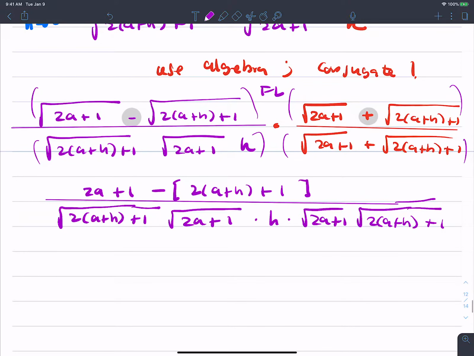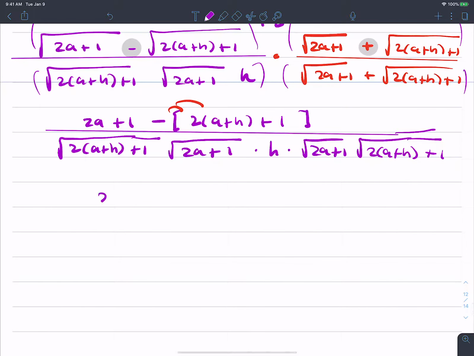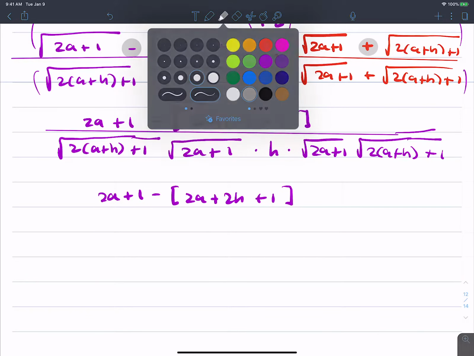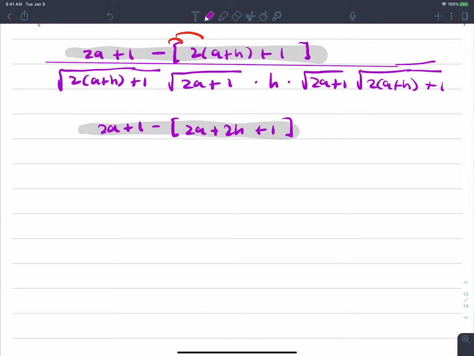Okay, so up here you use algebra. So your algebra now is going to be in the numerator here. We get 2a plus 1 minus, I guess we'll do this, 2a plus 2h plus 1, right? And that's in my numerator, so I'm focusing on this numerator. There's a lot of work here. Let's just focus on that algebra: 2a plus 1 minus the 2a minus the 2h minus the 1.